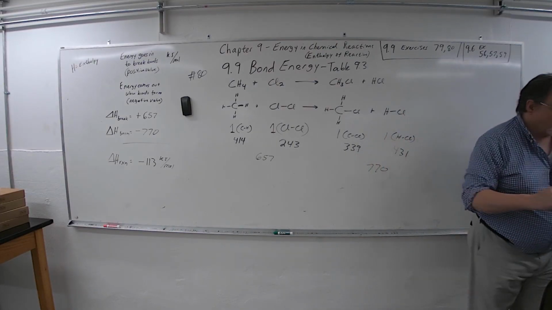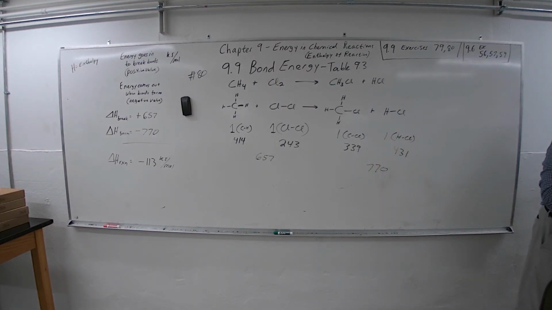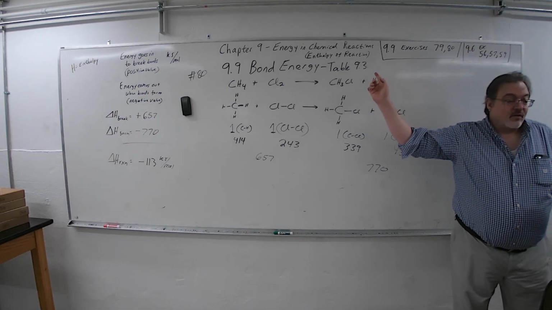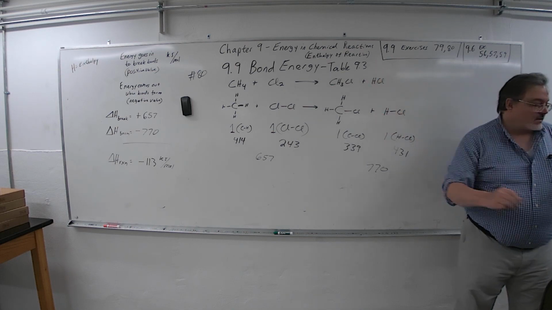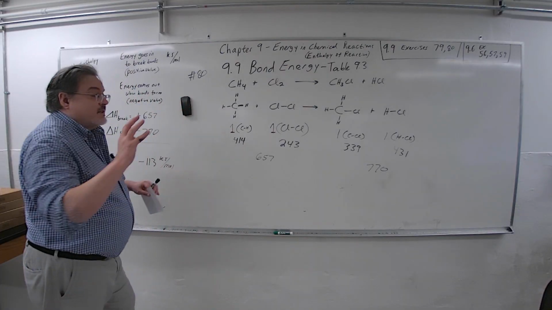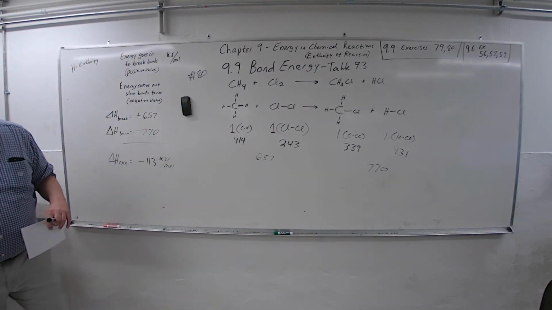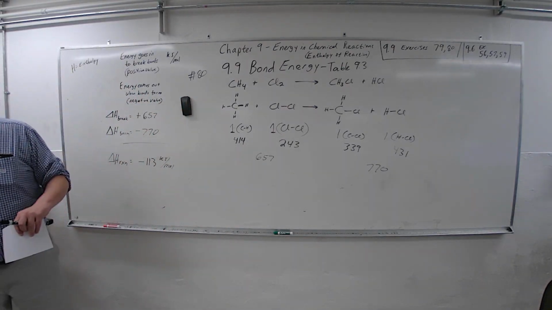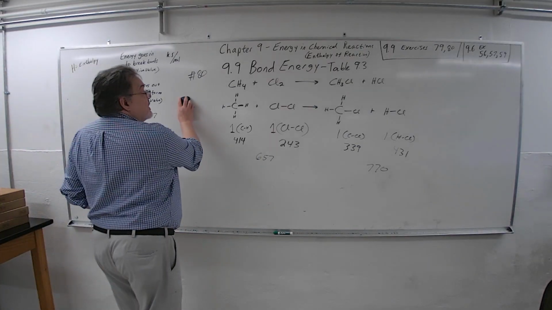So this thing about bond energies, also known as bond enthalpies, the energy of reaction or enthalpy of reaction, is just fancy vocabulary. This gives you a good intuitive understanding about what's going on: energy going in, energy coming out, strength of bonds.